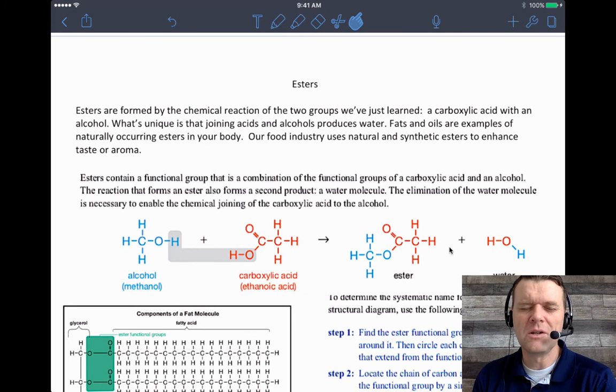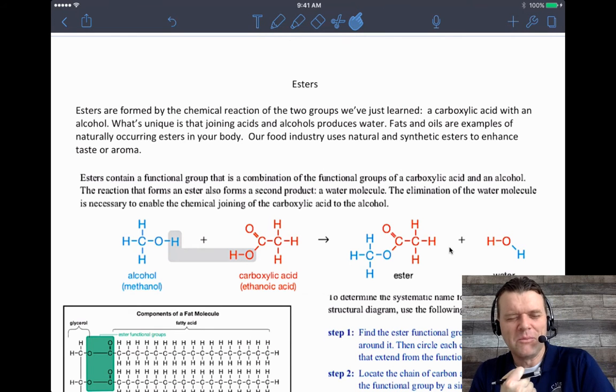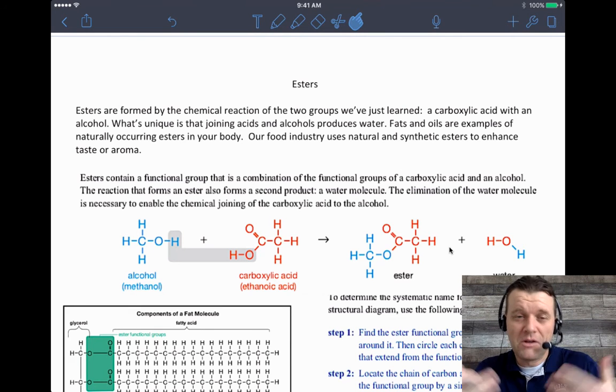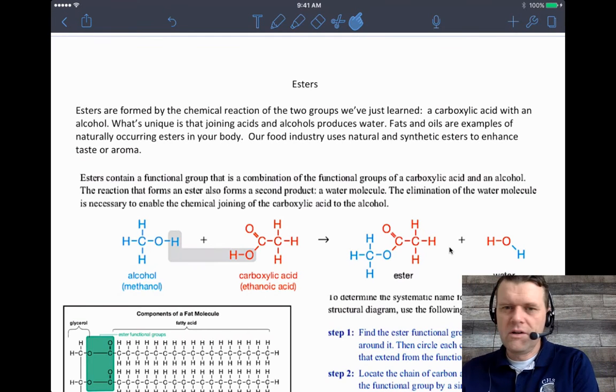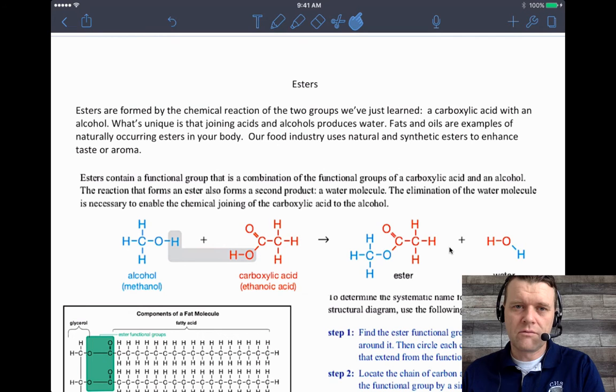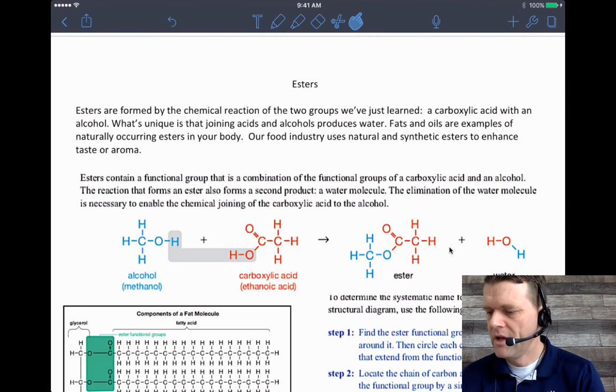When I was in university, we made banana oil out of a couple of esters just by reacting them. And it was really cool because as soon as you make it, you can smell it. And so the food industry does all kinds of research to make esters that will produce certain aromas.